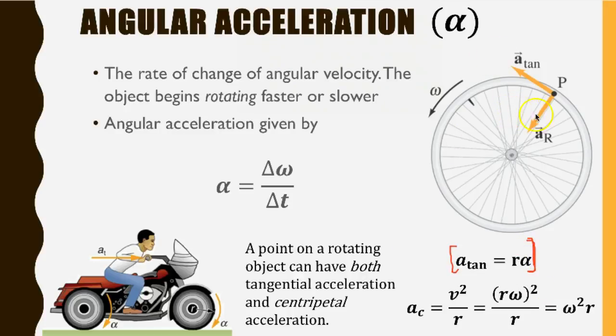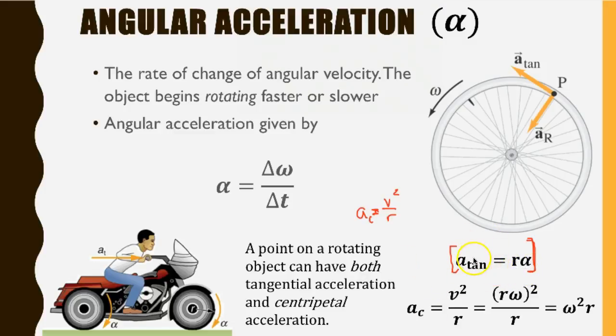So for point P on the wheel here, point P can have an acceleration inward, which is the centripetal acceleration, v squared over r, which is what we learned in the circular motion chapter. If this wheel is speeding up, then point P is getting faster and faster as it rotates. It can also have tangential acceleration, which is r times alpha.